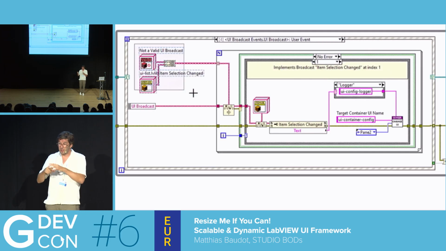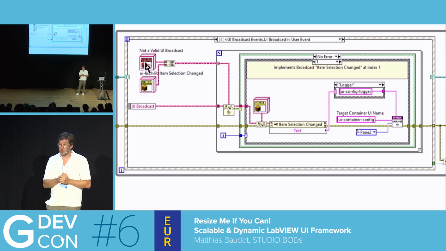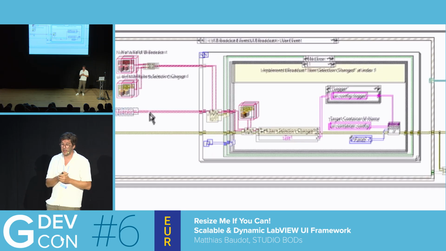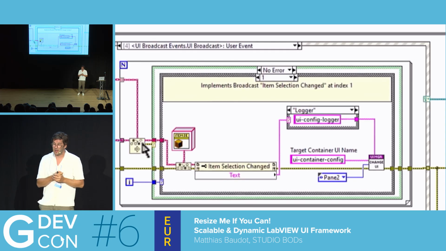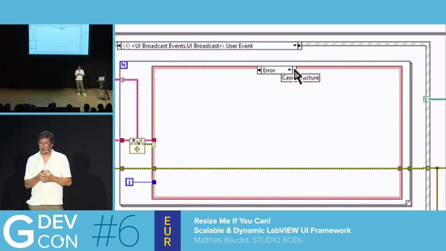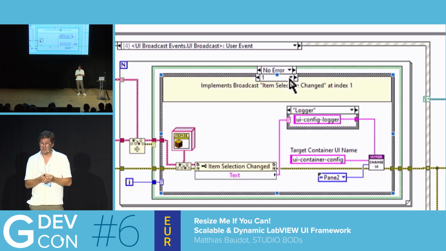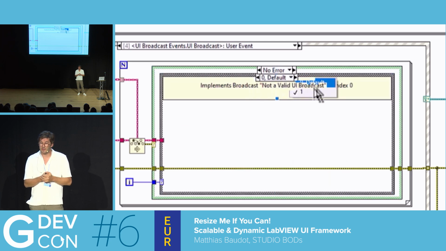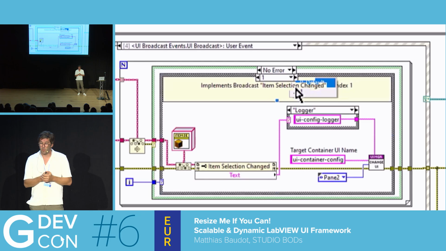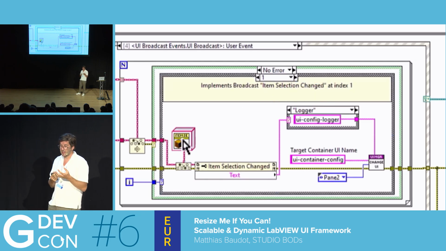And in this VI, I handle the item selection changed event, the broadcast event of my list. It's code that is very similar to what we had in our API tester. In the no error case, this means it's an item selected event type at index 1. I typecast the UI broadcast so I can retrieve the text of the item that has been selected.